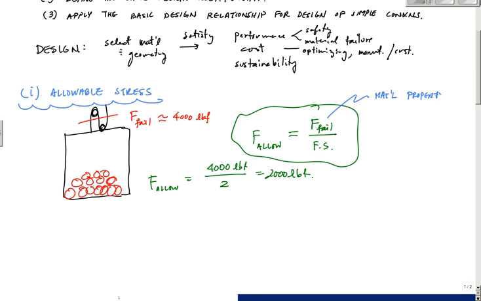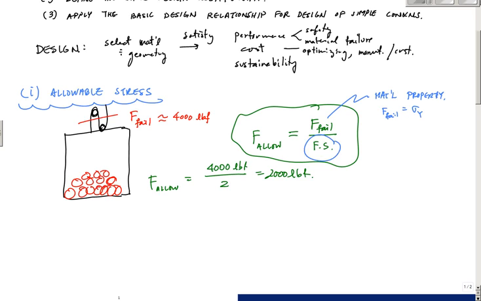For instance, we might define failure as yielding of steel or aluminum, and we'll say that F fail is the yield strength, sigma y, the yield strength of a material, and then the margin of safety is some standard or some limit that we're going to say that we can accept.